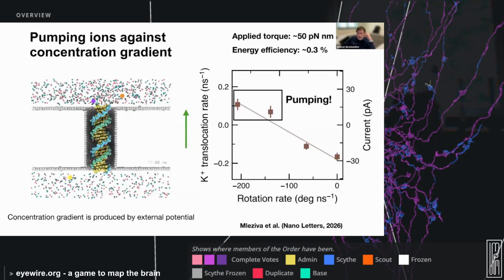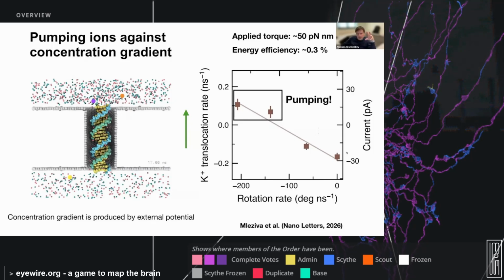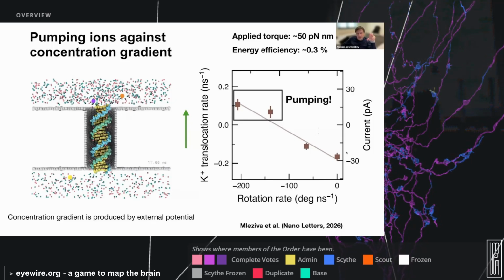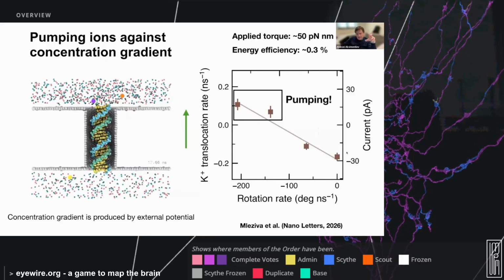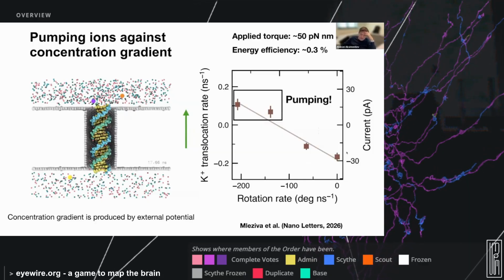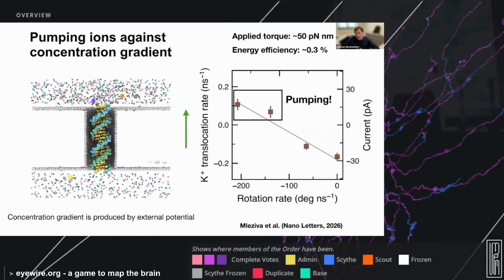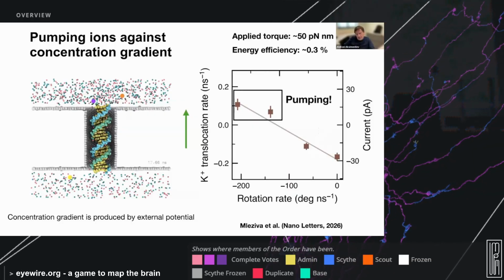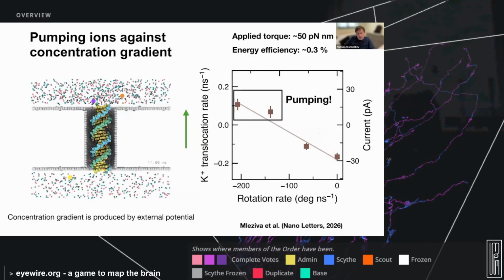Now, the energy efficiency again is pretty poor. So here again, we know how much mechanical energy we put in, and we know how much electrical or hydrostatic work we produce. So if we combine the two, it's getting about fraction of a percent, which is a lot less than the numbers that are quoted for biological motors.